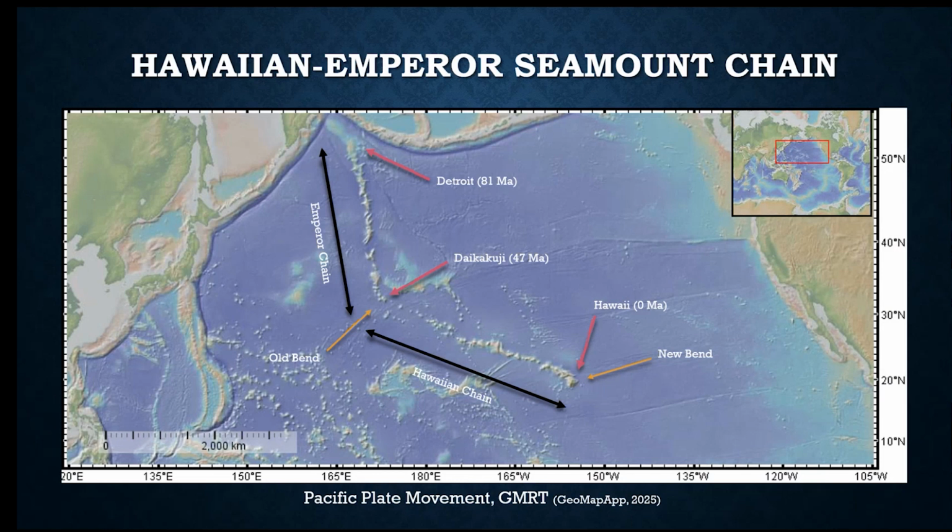At the southeastern end of the chain near the Big Island, we see another subtle change in direction, suggesting a new phase of activity. The region has produced larger volumes of magma and exhibits variations in geochemical composition as well.